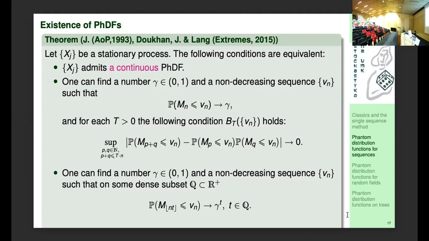Then we have convergence to gamma to the power T on some rationals or some other dense sets of reals. So we have three different formulations. Here is a general statement, and here a practical statement. So it works. I mean, this machinery works.